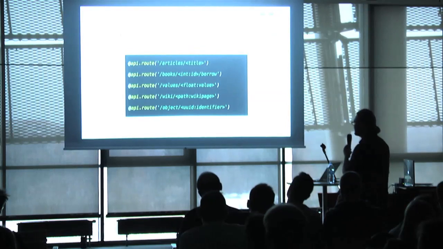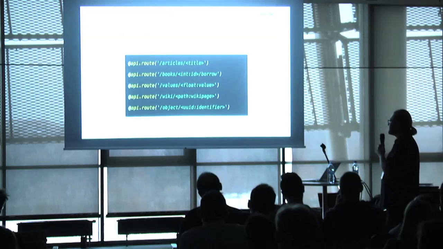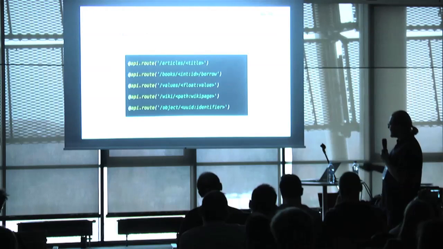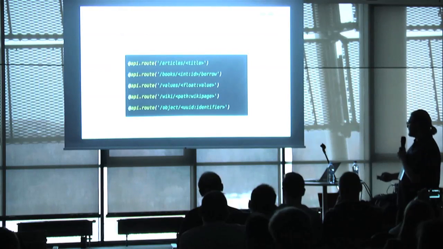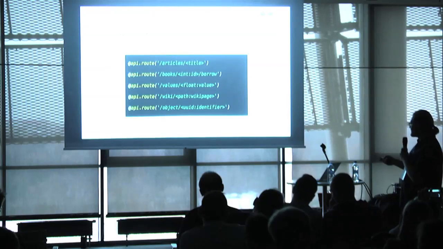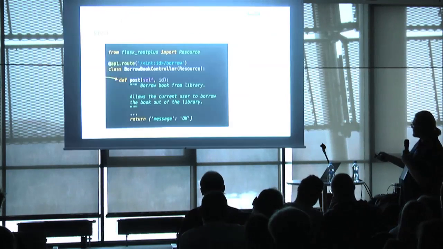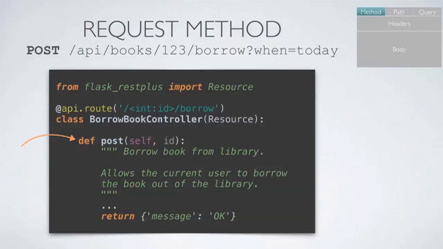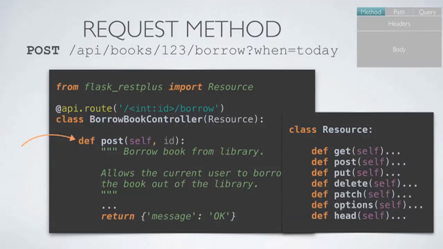If you want to specify some URL parameters, you can use the API route decorator on your method, or actually on the resource class. So this was here on top, and each parameter that you put into these angle brackets will become a parameter of the method in the API.